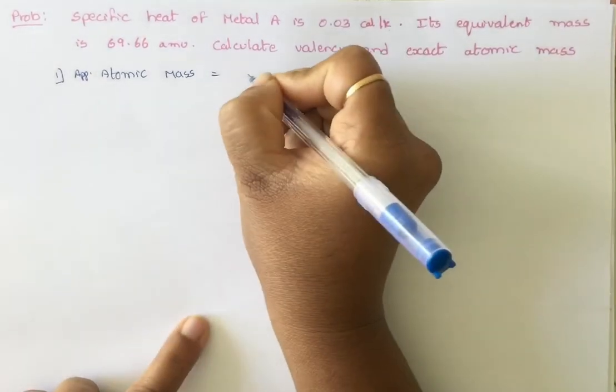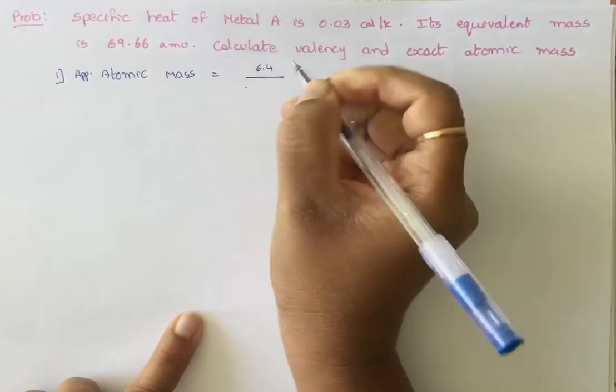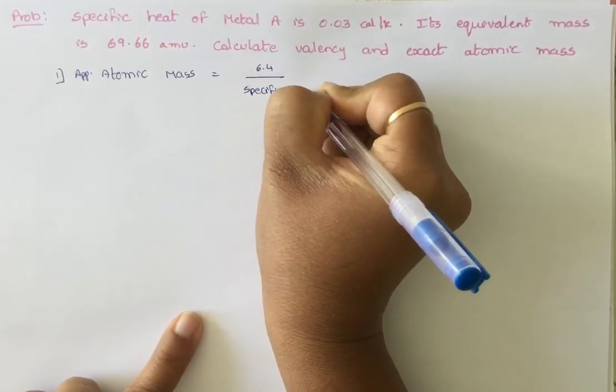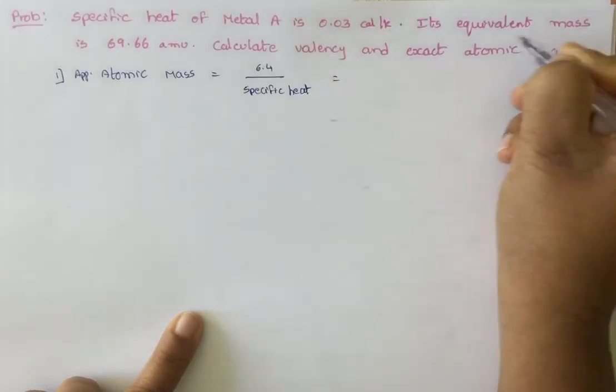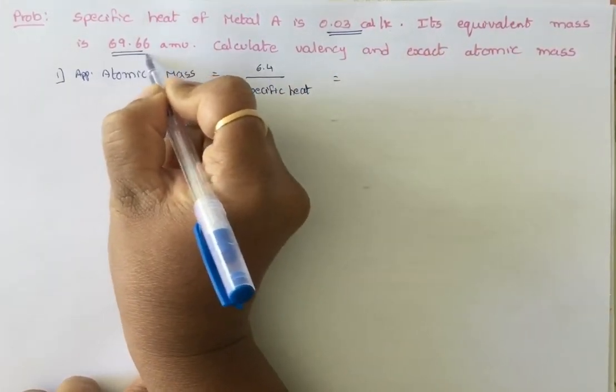What is the formula for that? Approximate atomic mass is 6.4 divided by specific heat. In the problem they have given specific heat and equivalent mass only.